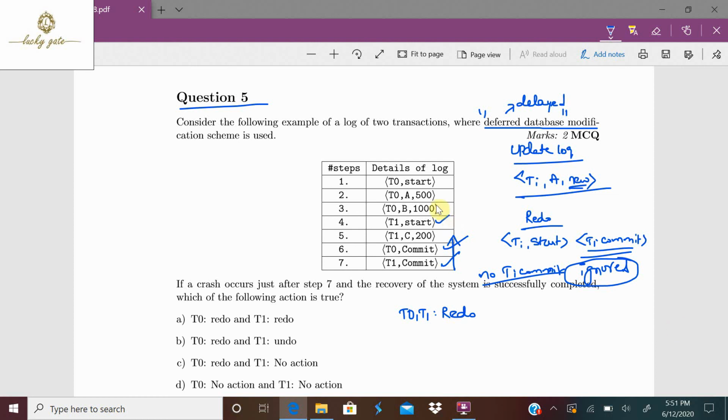Here T1 start, here T0 start is there, but while scanning the log backwards I didn't find T0 commit, so that T0 commit is found, T1 commit is also found, because both T0 and T1 are committed, no transaction needs to be ignored, and whatever updates were done to the disk while committing the operation need to be redone once again. So what is the recovery now? Both T0 and T1 are to be redone, that is option A.